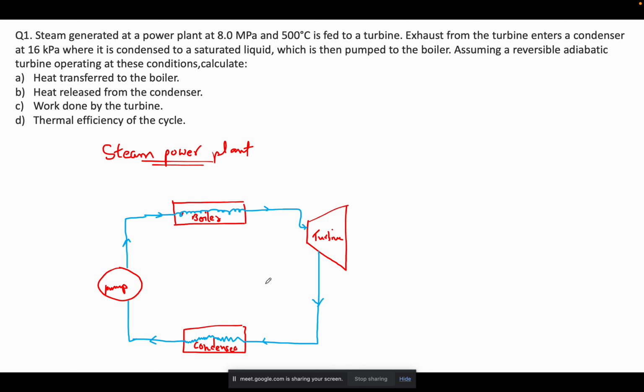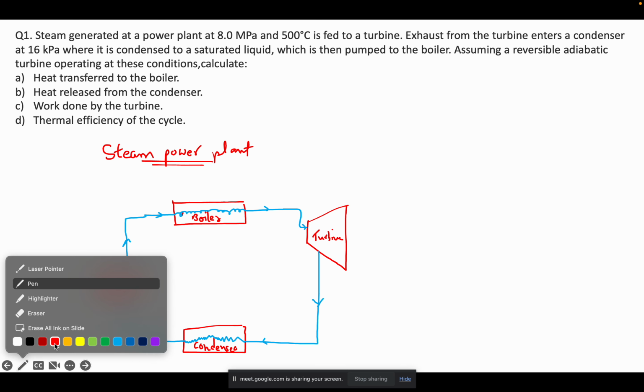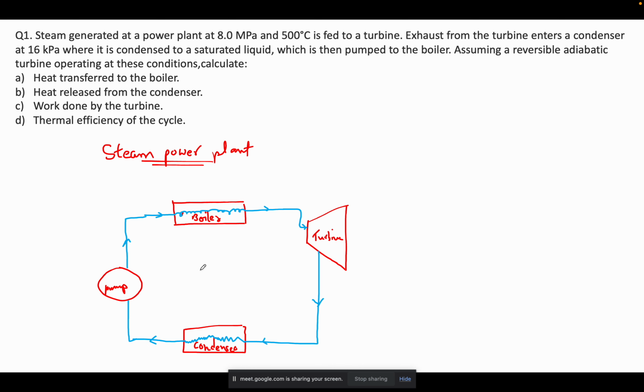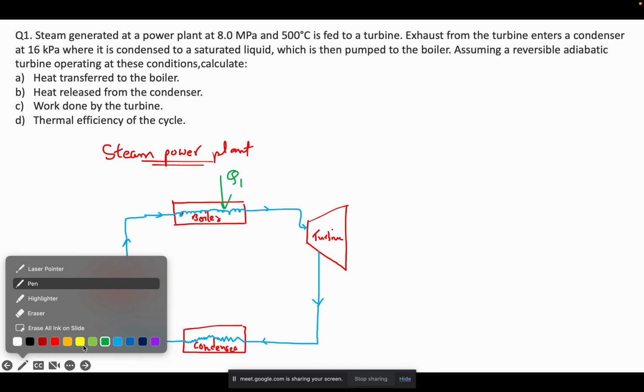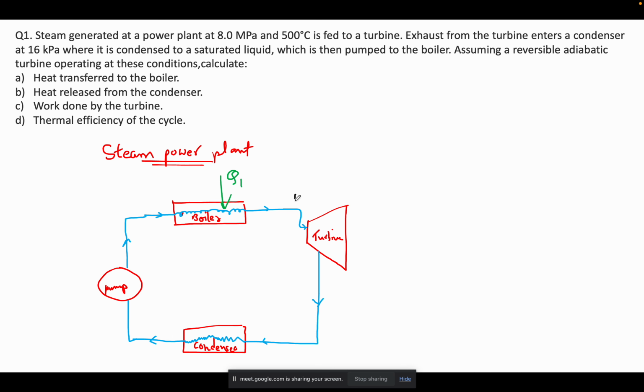There is some amount of heat addition, and due to this the steam gets generated. Let us suppose the state at which the steam is just getting generated is state 1. After it gets expanded, it is state 2.